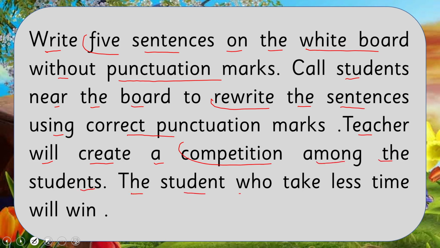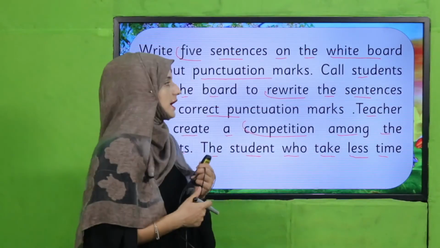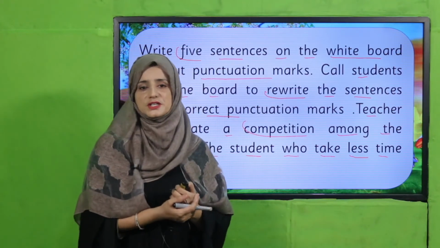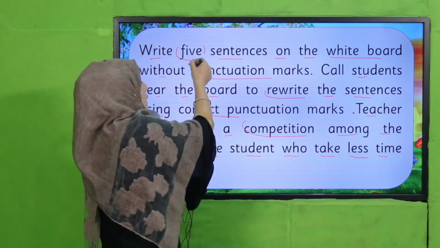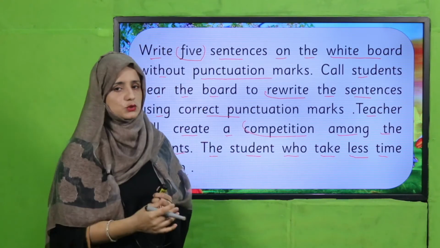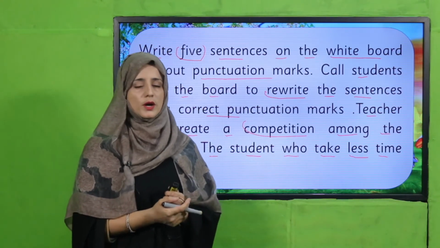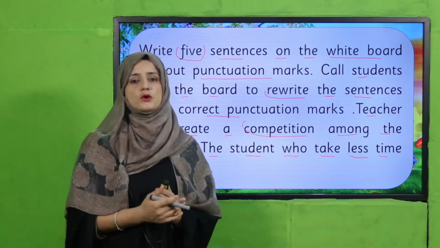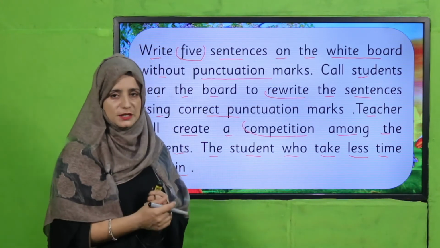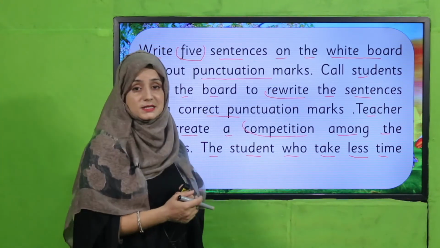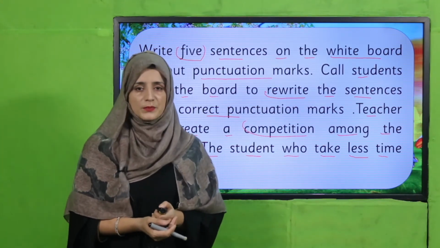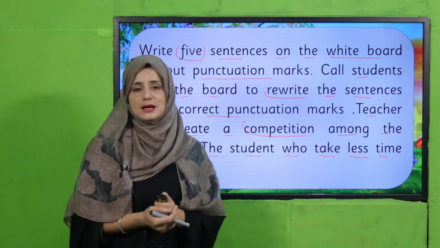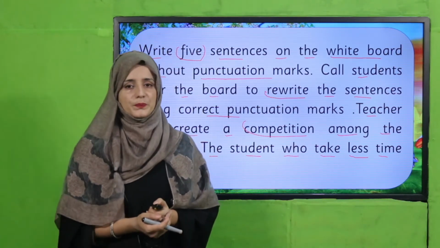The students who take less time will win. It's up to you how many sentences you want to write on the board. Write sentences without punctuation marks and call students one by one. They will rewrite these sentences in an actual way. Perform this activity in your class and I am waiting for you.